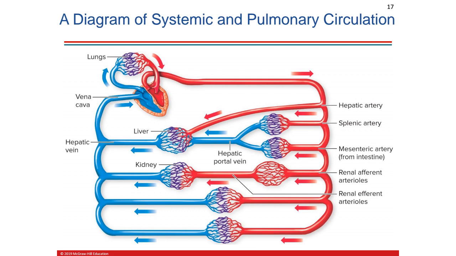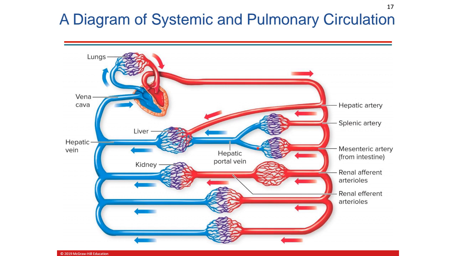Now, another example of that, notice for the liver, you do have the hepatic artery that goes directly to the liver. But you also have blood flow from the splenic artery. This goes to the spleen. It then sends blood through the hepatic portal vein to the liver. And then you also have blood coming through the mesenteric artery, which goes to the majority of the gastrointestinal system.